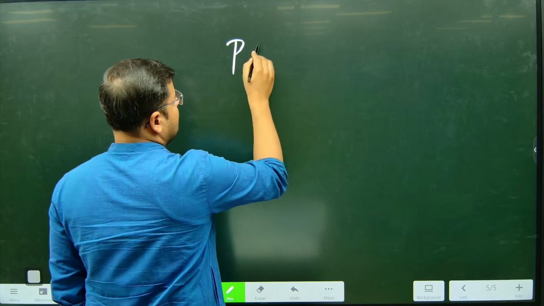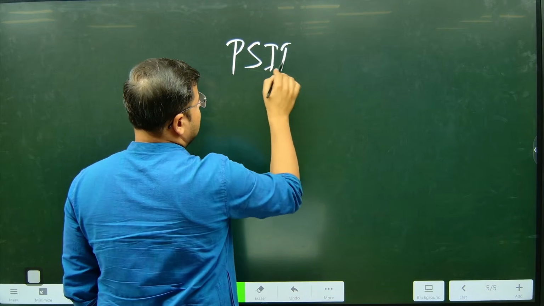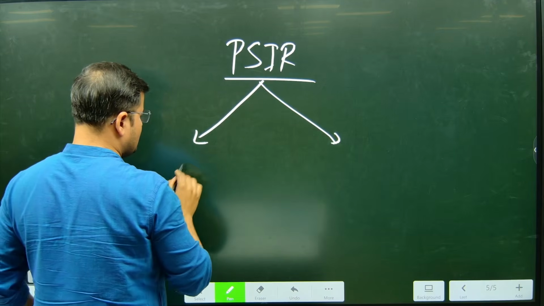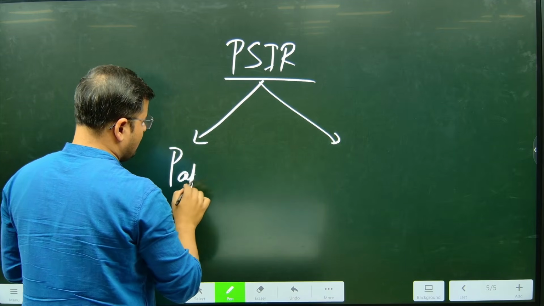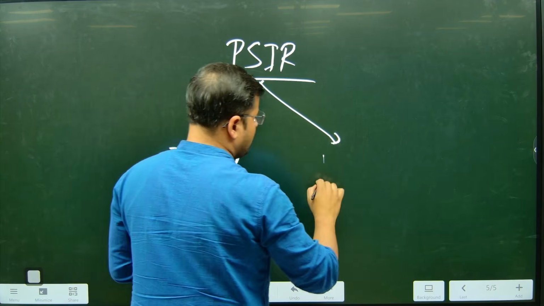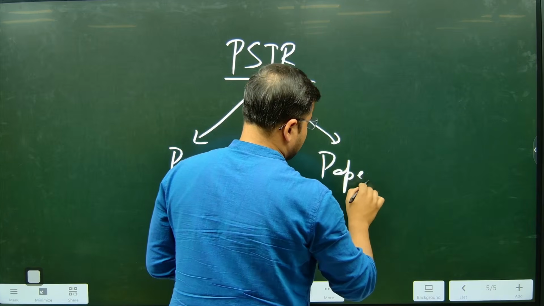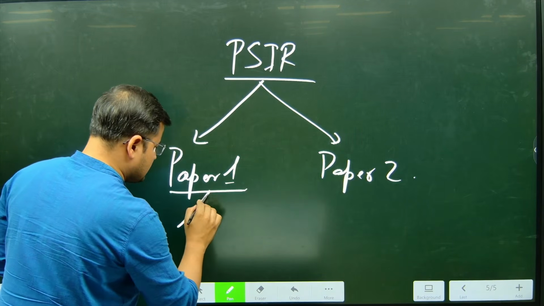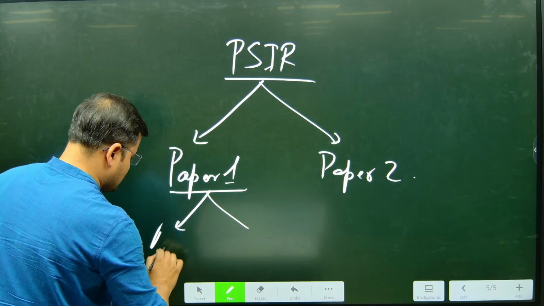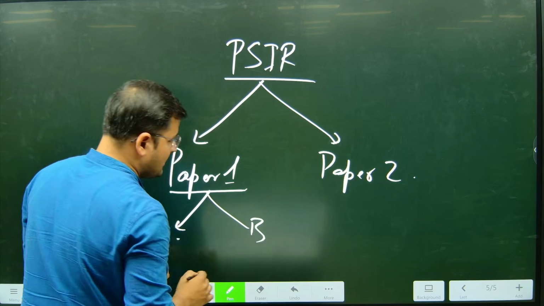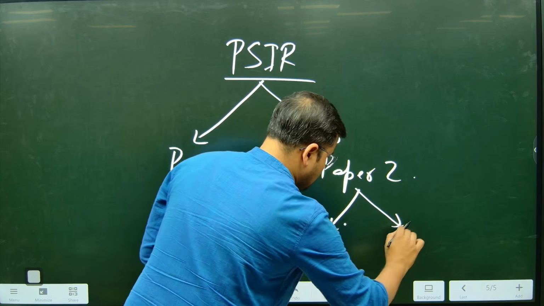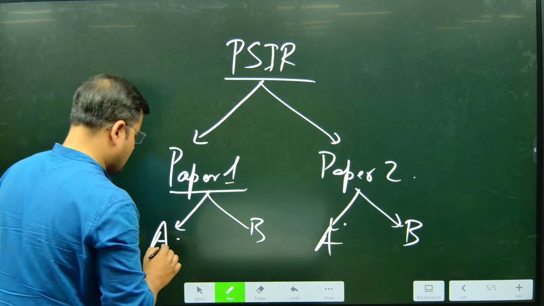As you may be aware, PSIR, or for that matter any optional in UPSC, has two papers, paper 1 and paper 2. For PSIR, paper 1 has two sections, section A and section B. Similarly, paper 2 also has two sections, section A and section B.